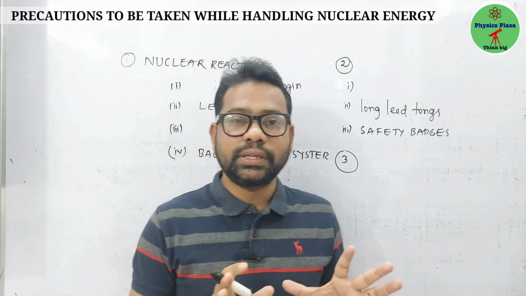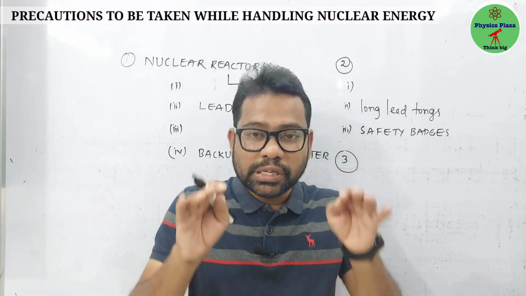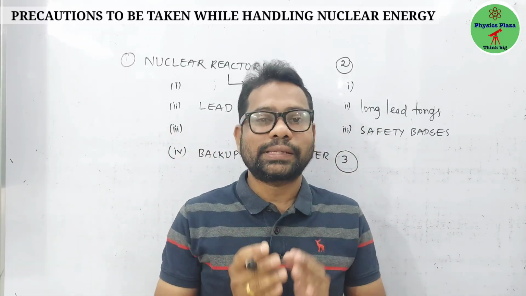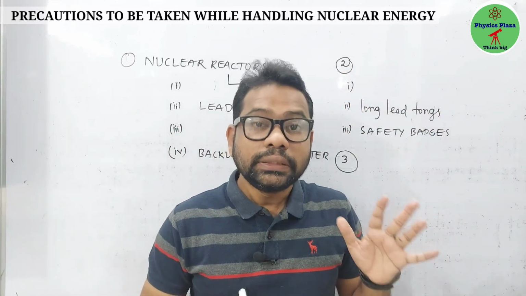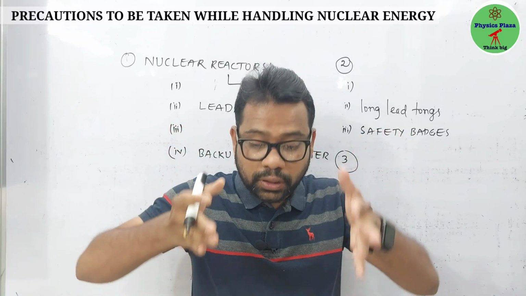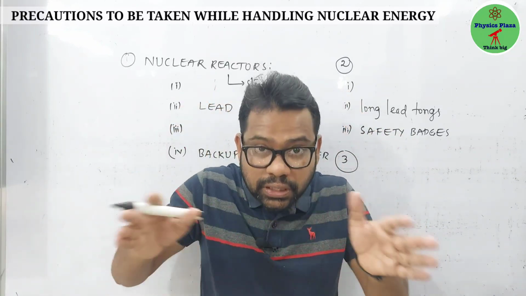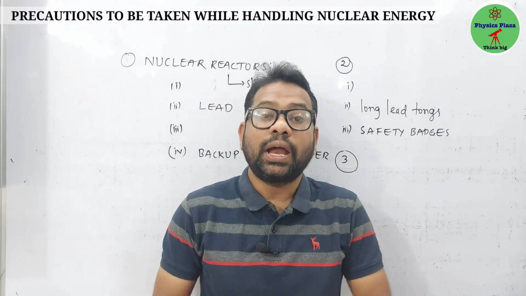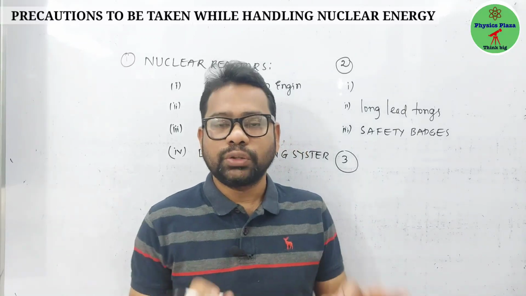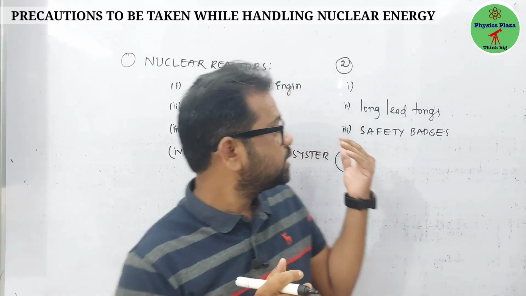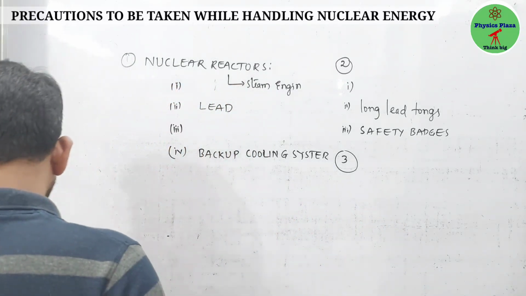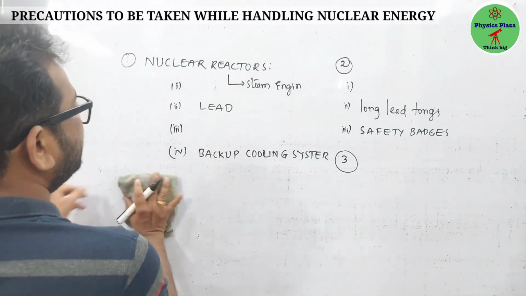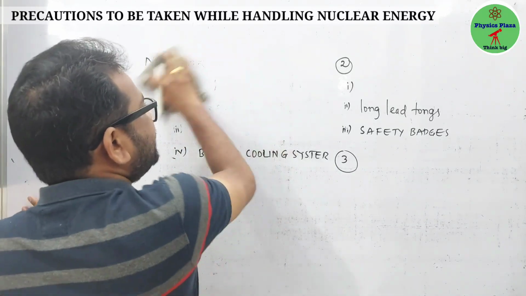The best method is that this nuclear waste must be placed in a lead casket and taken far from the populated area. There, a special pit must be dug and special construction must be made, and there it must be buried. This is the best method for safety disposal. Is it clear? Fine. So these are the safety precautions while handling nuclear energy.